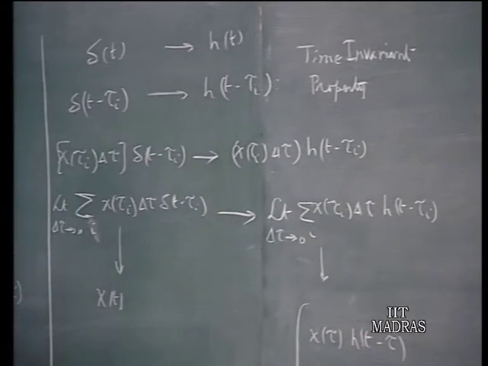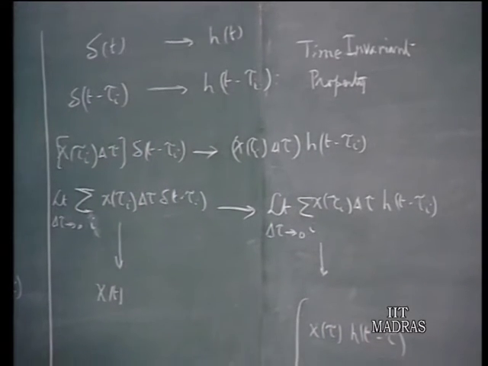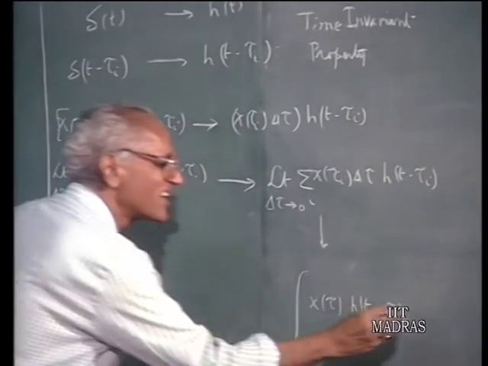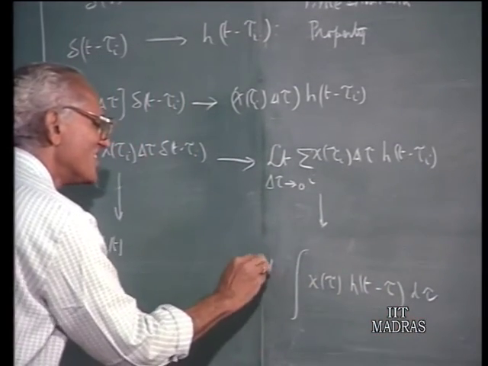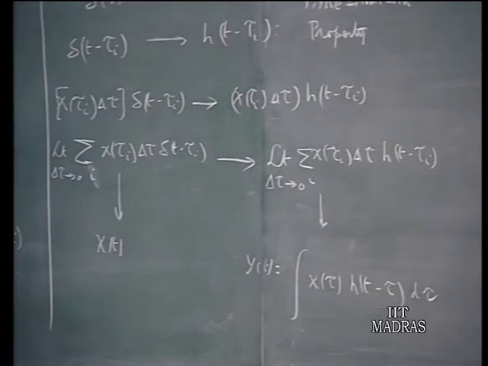Tau I is not discrete points, it continuously exists. That is your y of t. So, y of t is obtained as the integral of x tau h t minus tau d tau, that is how we can obtain in the limit the output y t corresponding to this x of t.